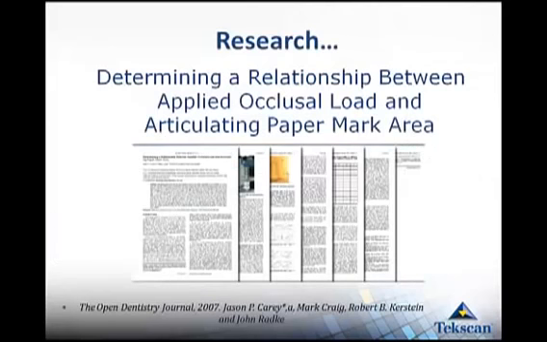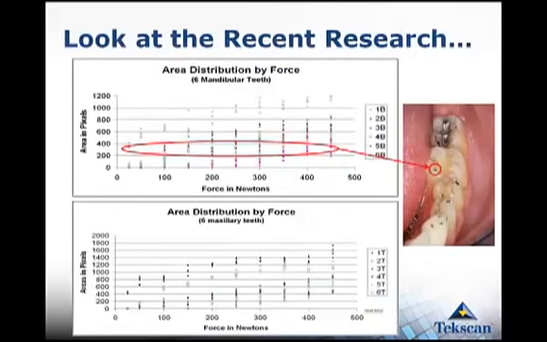I want to show you a research paper that we've done. We've done several research papers, but this one in particular depicts the relationship between applied occlusal load and articulating paper mark area. You can see here on this side you have the area in pixels, or the size of the contact, and down here you have the force in newtons.